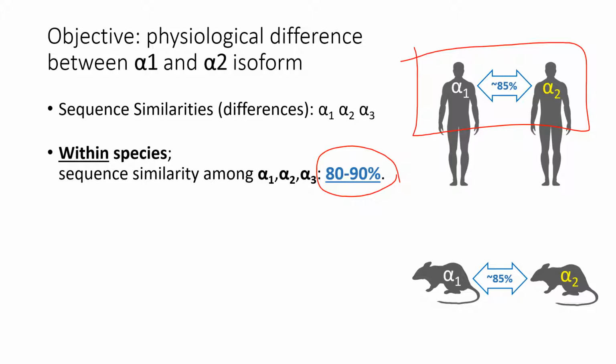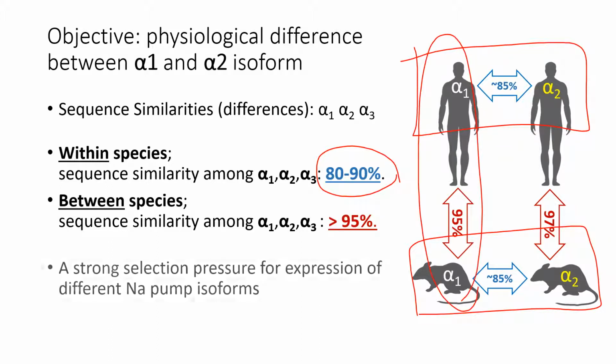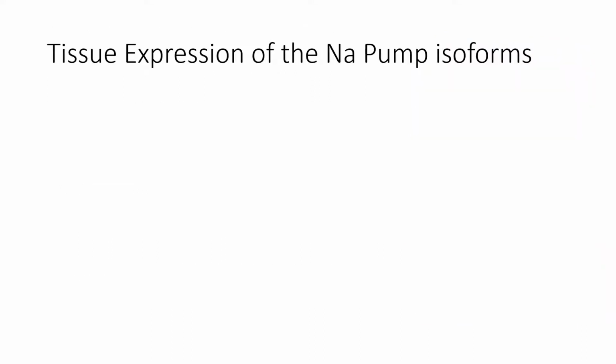Between species, the sequence similarity among alpha subunits is in the high 90%, which suggests a strong selection pressure for expression of different sodium pump isoforms within an organism.